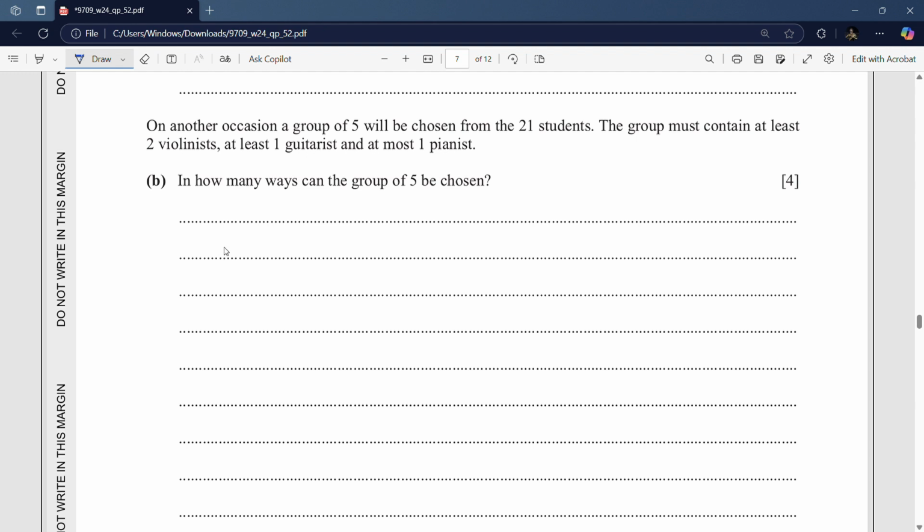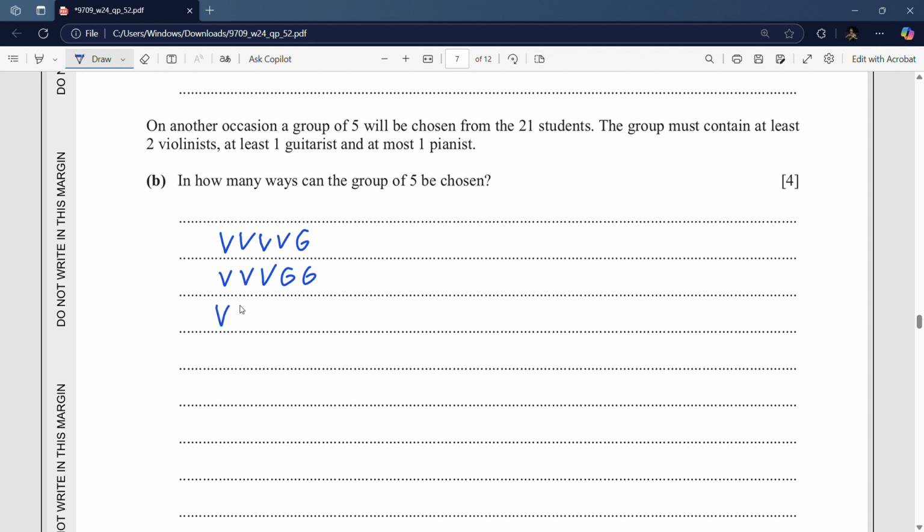So we should have at least 2 violinists and at least 1 guitarist. First we will have 4 violinists and 1 guitarist, and then 3 violinists and 1 guitarist. The reason we are not taking a pianist here is that it only mentions the maximum, so the number of pianists can be 0 also.